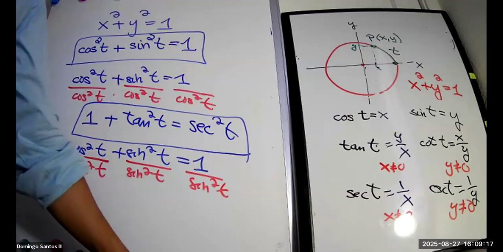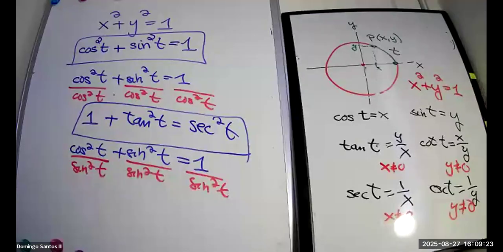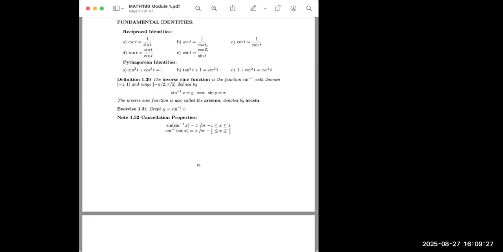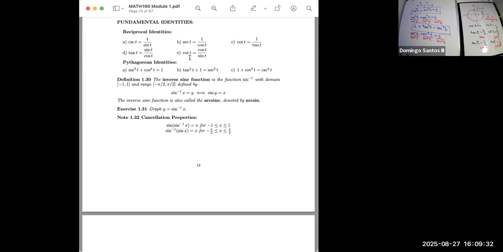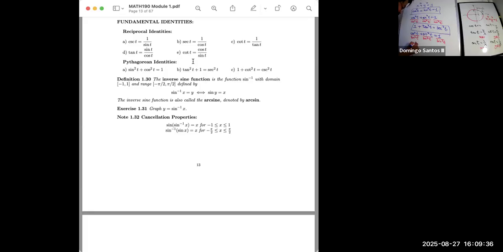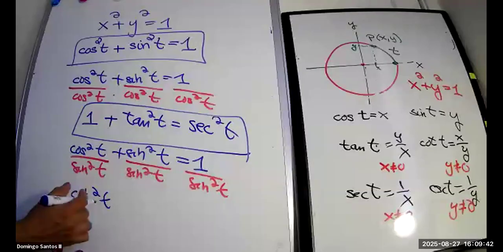Now, what's cosine over sine, Jawan? It's cotangent. Cosine over sine is cotangent. So that's cotangent of t, right?